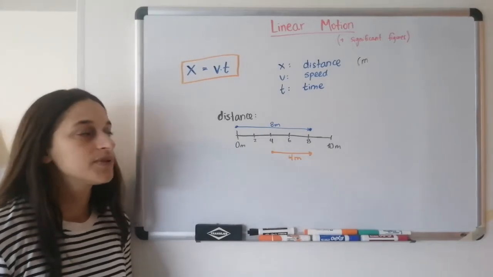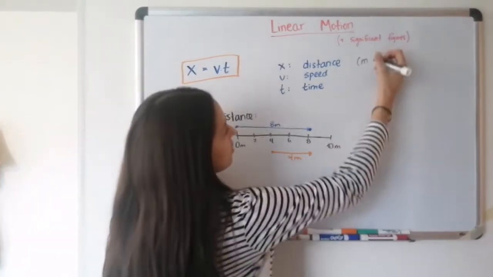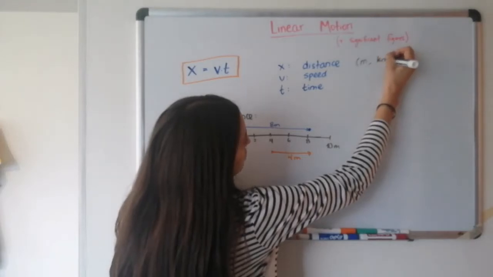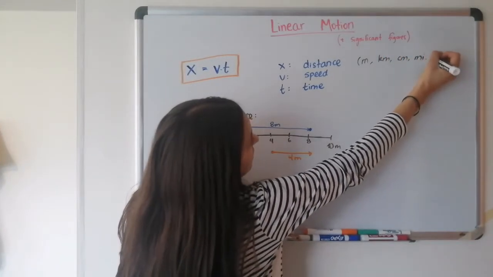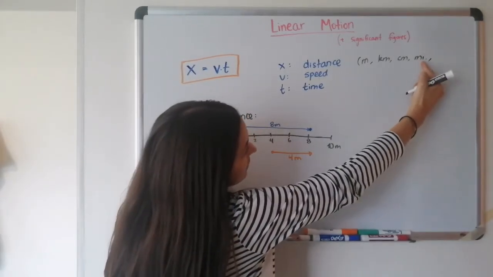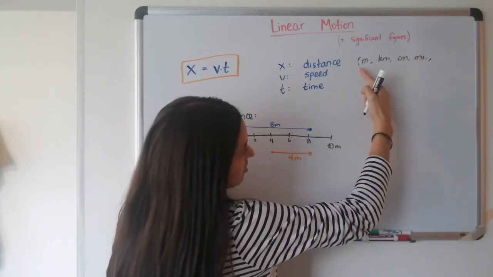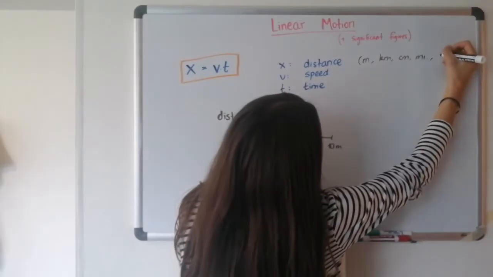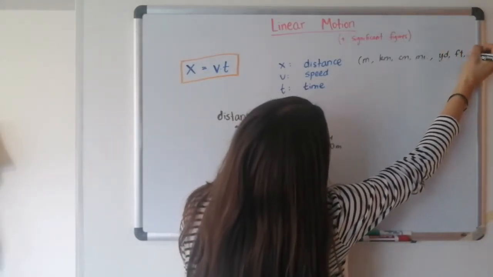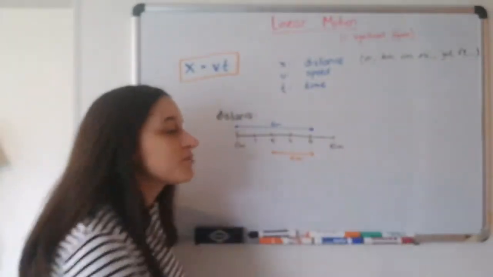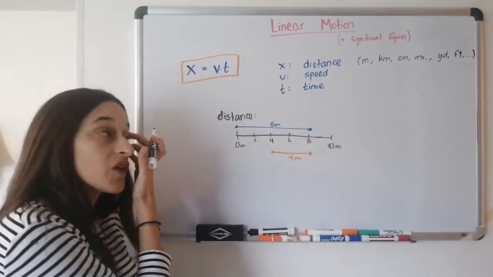But there are many other units that are also distance. You might also find kilometers, centimeters, miles, which is written as MI, because only M is meters. We also have yards, feet, etc. But what we care about the most is meters.